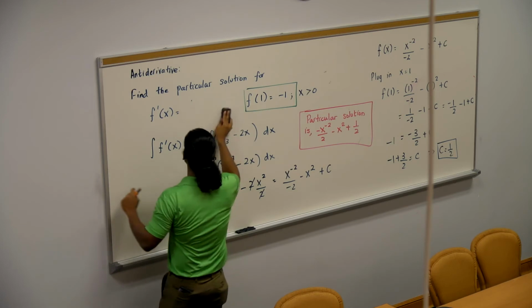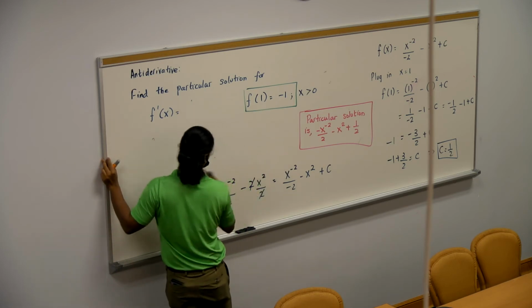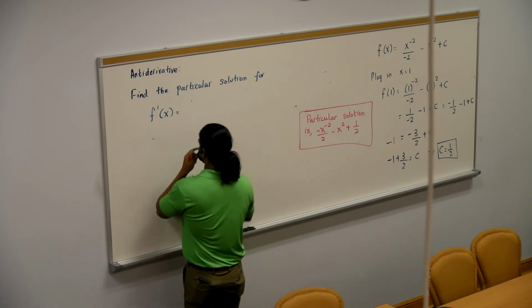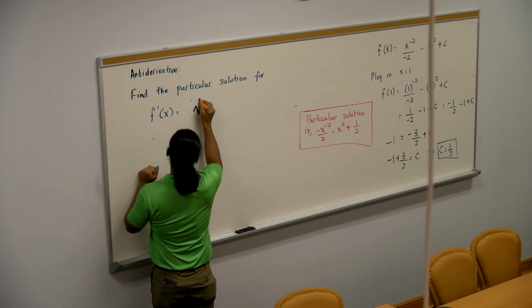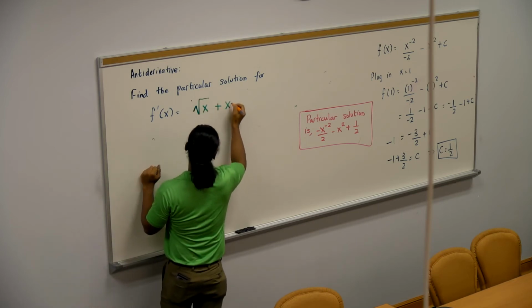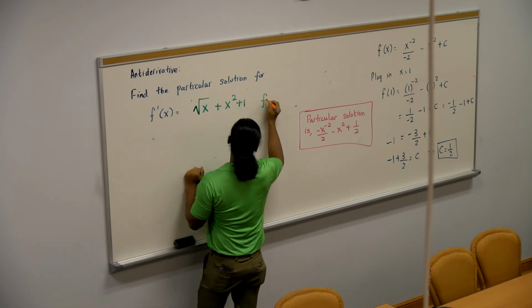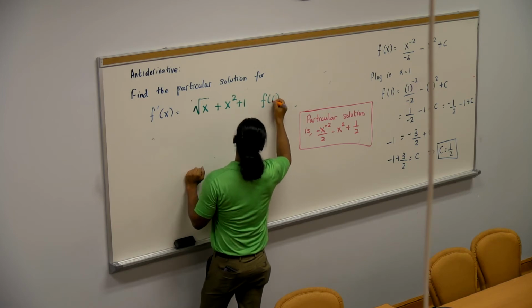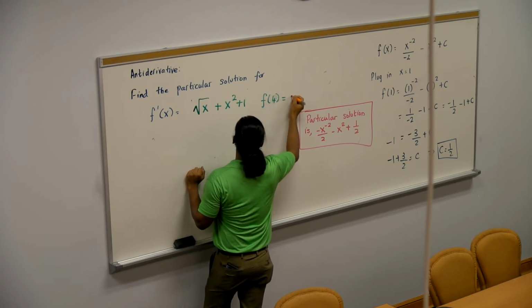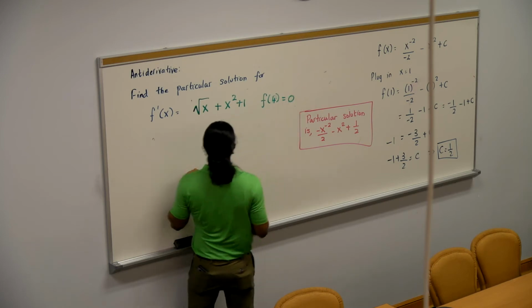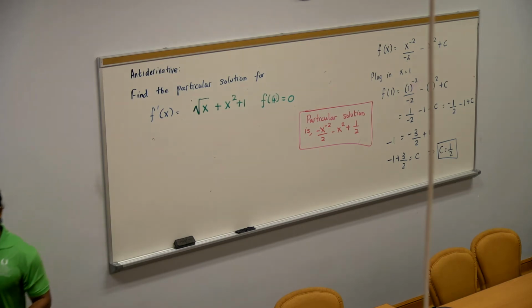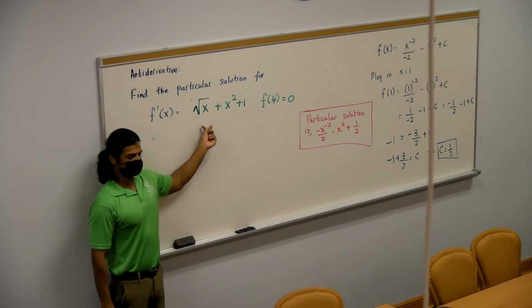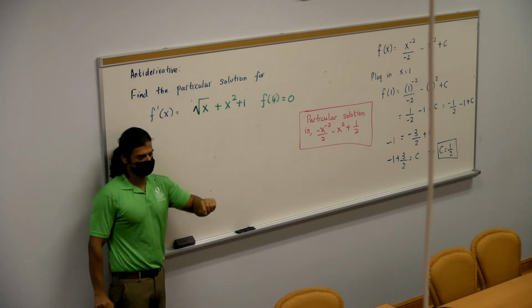I'm going to let you try this one. So the key to solving this problem is to rewrite square root of x as x raised to the power of something.